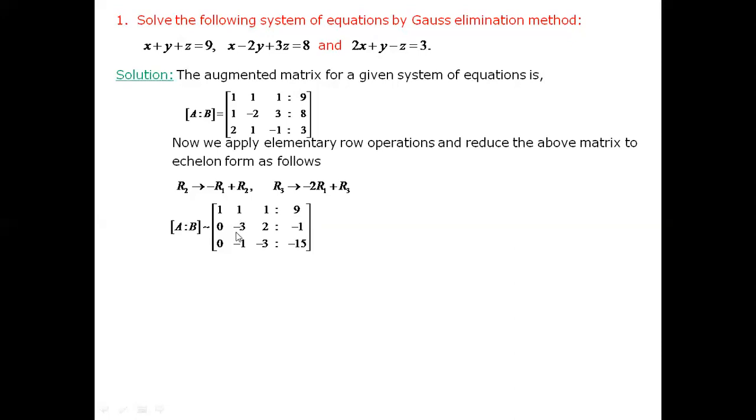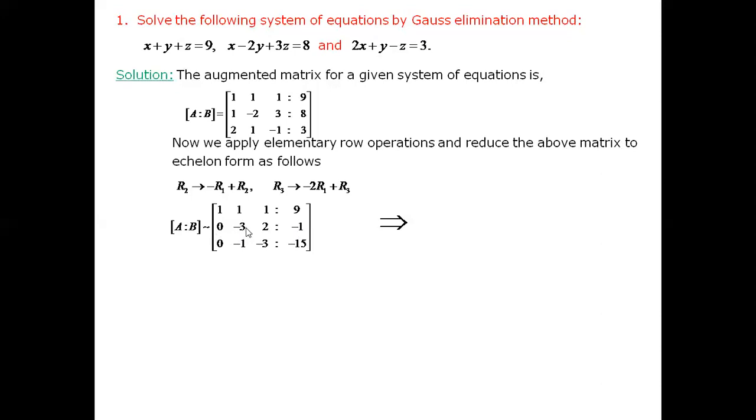So this will be taken as the leading entry, and the element below the leading entry, that means this minus 1, should be 0. So in the next stage, by writing the first row and second row as they are, let us apply a row operation, and we will make this element 0 using the second row element R2 only.